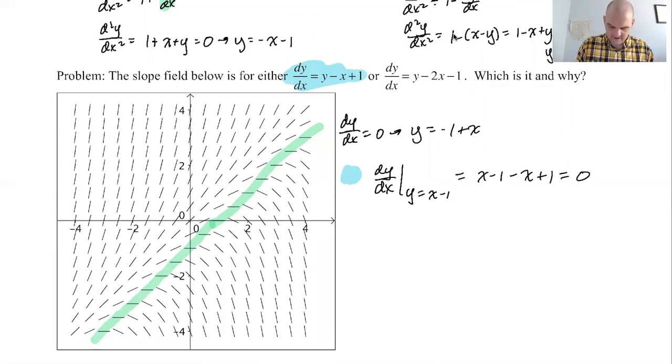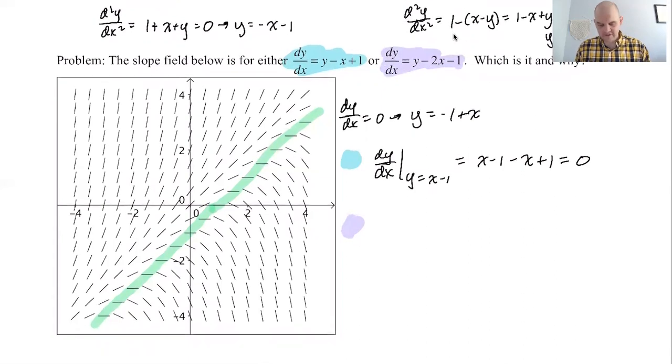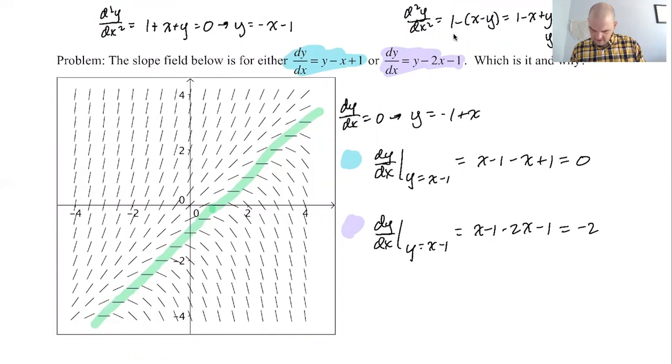But what about this one? Sometimes I try to color code it like this, where it's maybe a little easier. I don't actually know if that's useful. I think it is. So here dy/dx such that y equals x minus 1 would give me x minus 1, because I substitute for y, minus 2x minus 1, which is actually -2x minus 2, not 0.